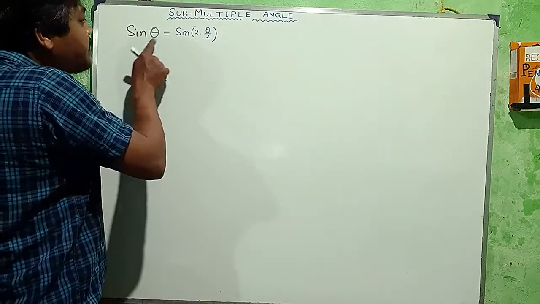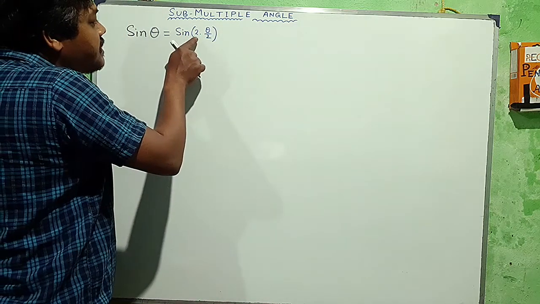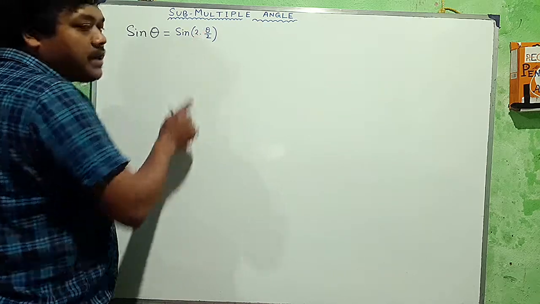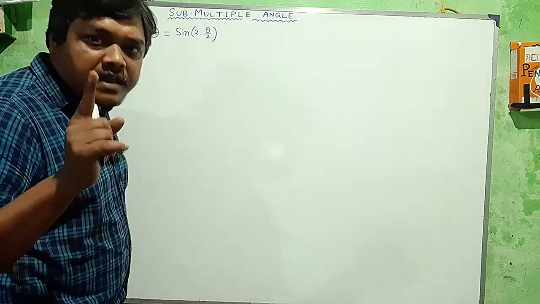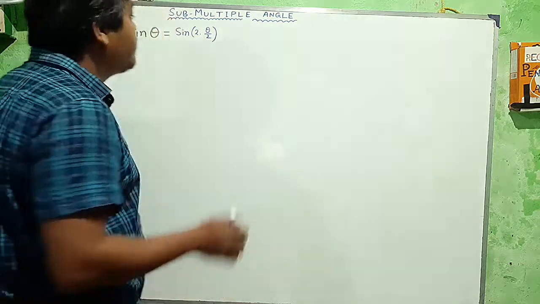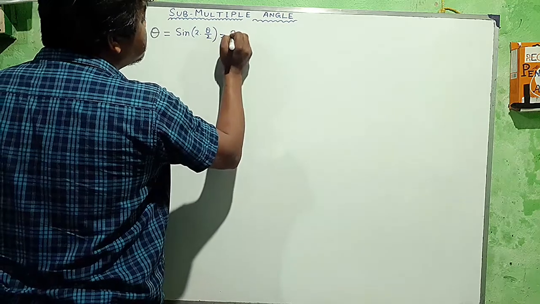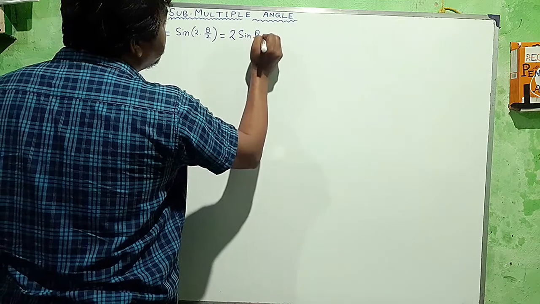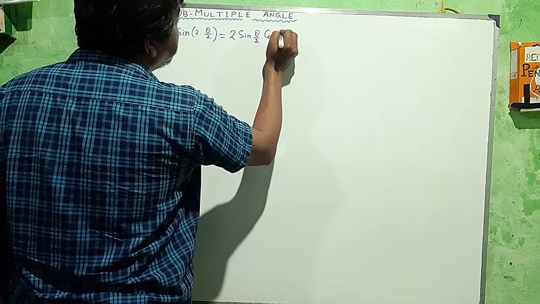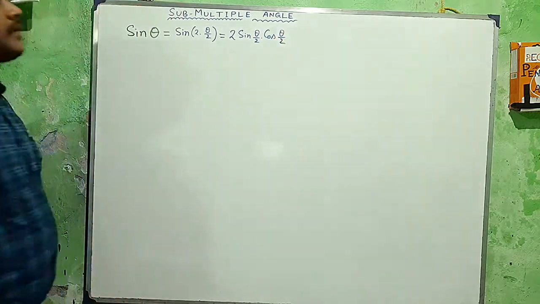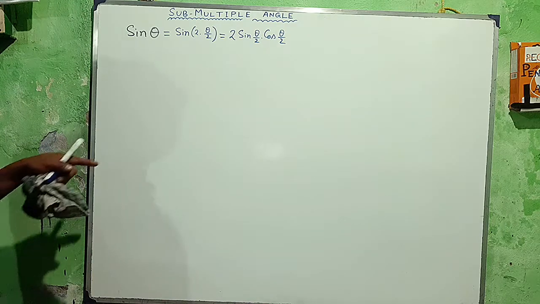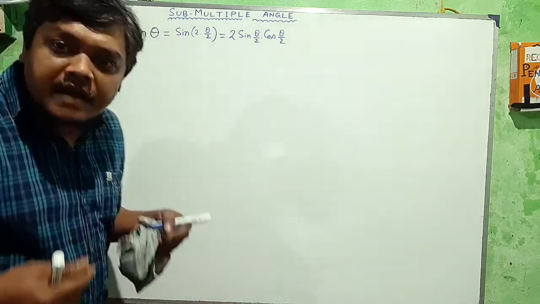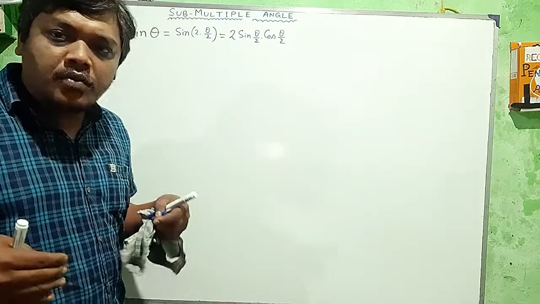So here sin theta we can express as sin 2 into theta by 2, where theta by 2 is like a. So the formula is 2 sin theta by 2 into cos theta by 2. Right? Okay. So if I express it in terms of tan, what is the formula?